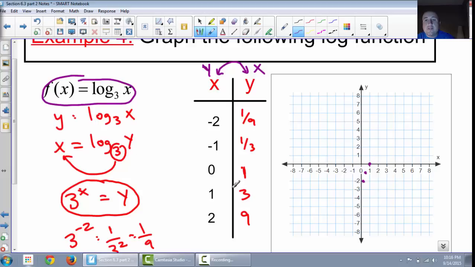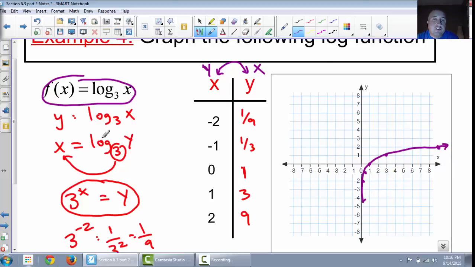Then (3, 1), so 3 to the right and one up, and (9, 2), so 9 is over here, and go up, it's about right here. So here is our logarithm shape. Let's see if I can draw this, and there we go, and it extends in both directions.